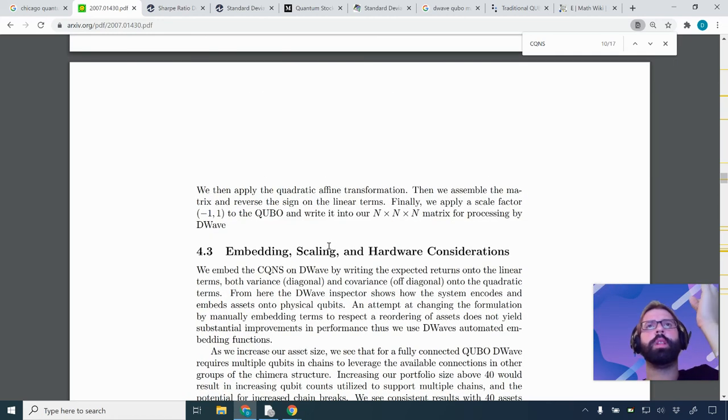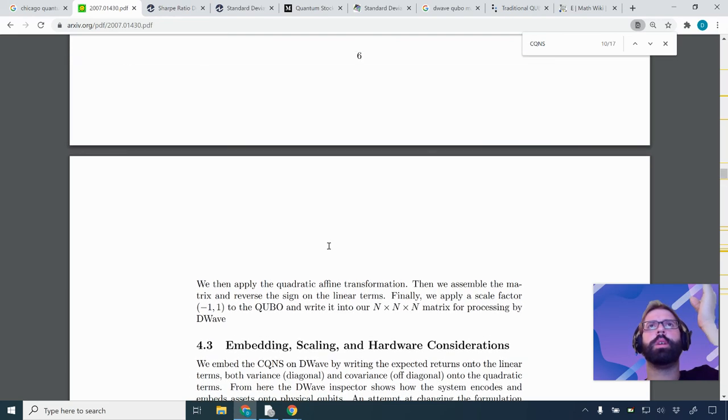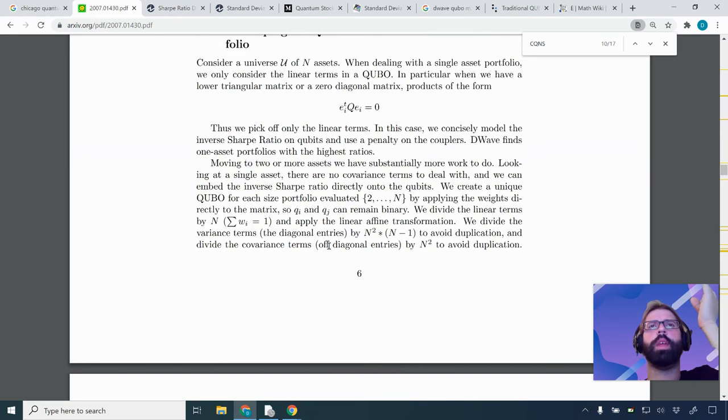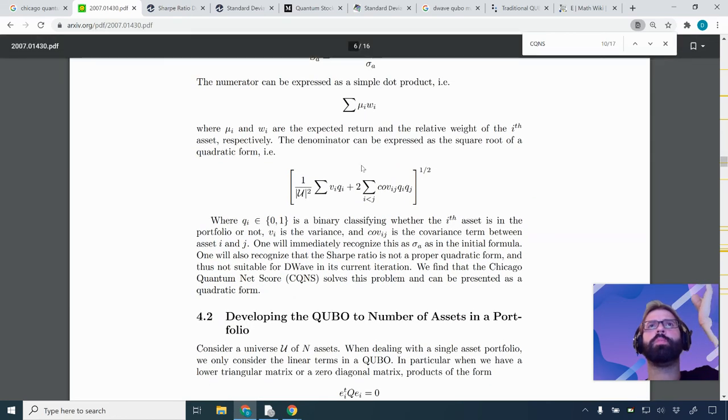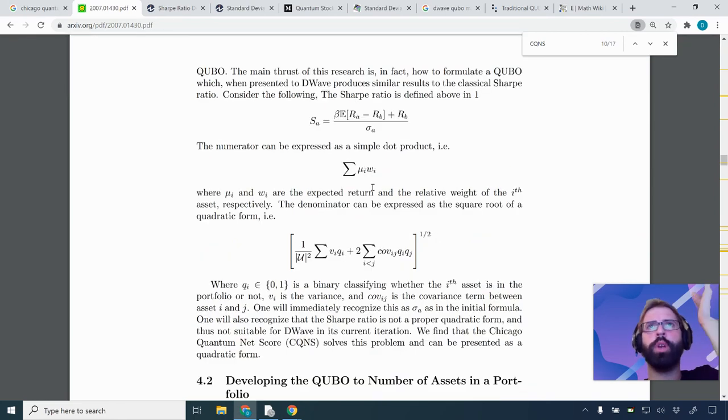So you're basically having the expected returns as the coefficients of the linear terms, and then the quadratic terms, where you consider 2 of those.